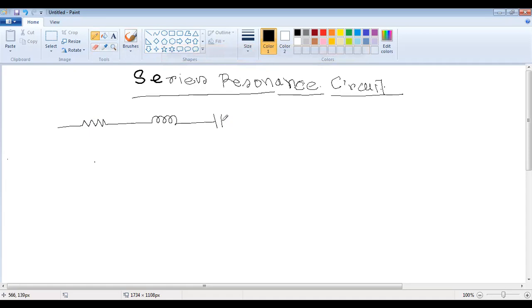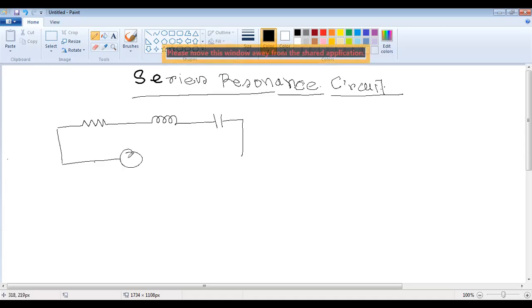This is the inductance and this is the capacitance, and the supply given to this circuit is AC. So this is R, this is L, and this is C.